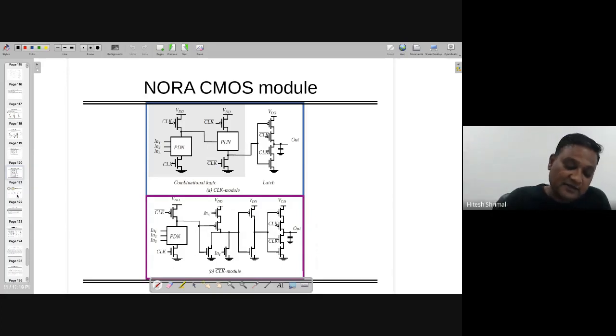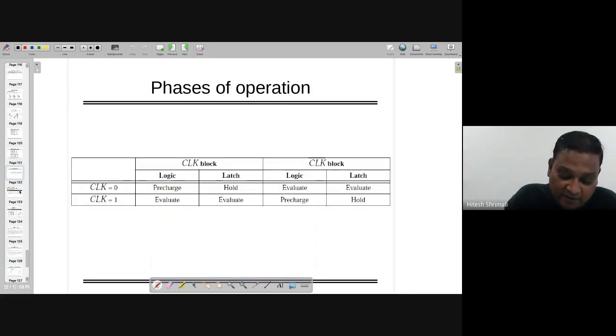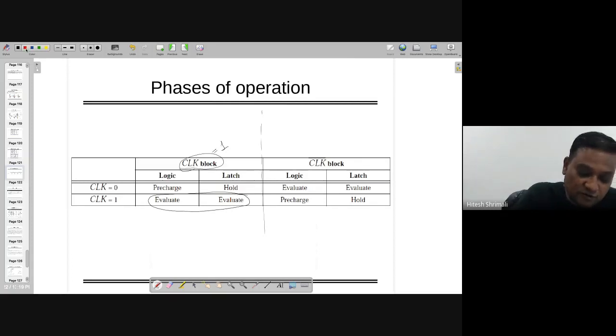In NORA CMOS modules, there are different phases of operation. When it's a clock module, during clock equal to 1, it has to evaluate. In the clock bar module, when clock equal to 0, it's going to evaluate.